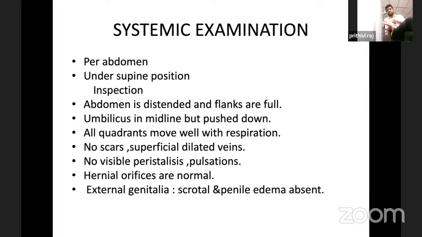By palpation, if flanks are full, umbilicus is everted, hernial orifices are full, it tells that there's a massive amount of fluid collection. So it signifies the quantity of the fluid collected in the abdomen. That's the significance of all the parameters we are explaining right now. Okay? Good.